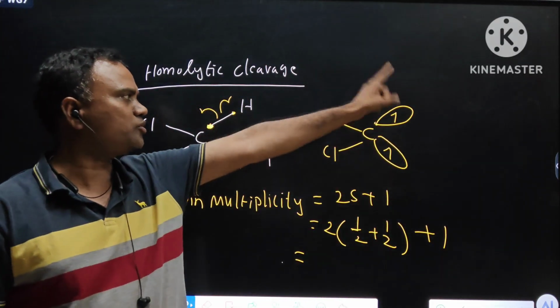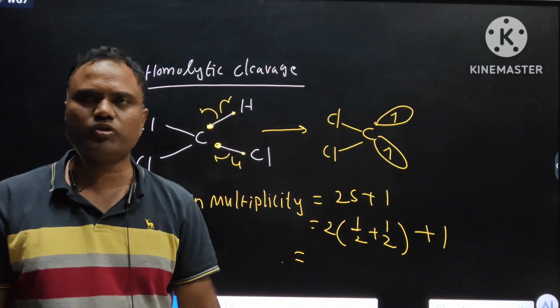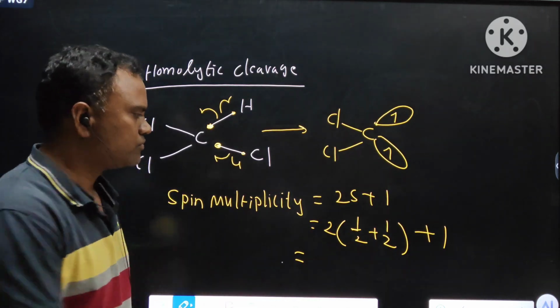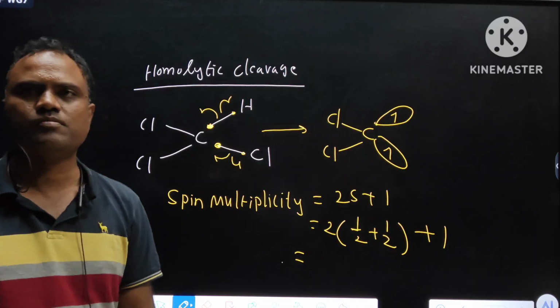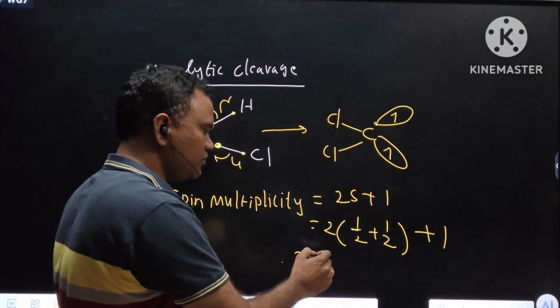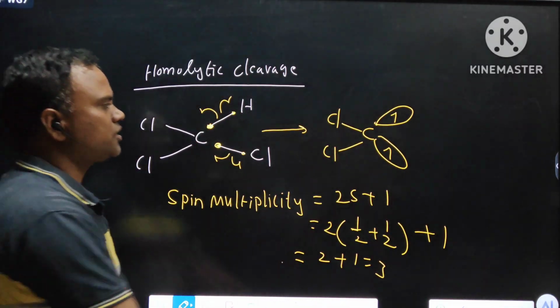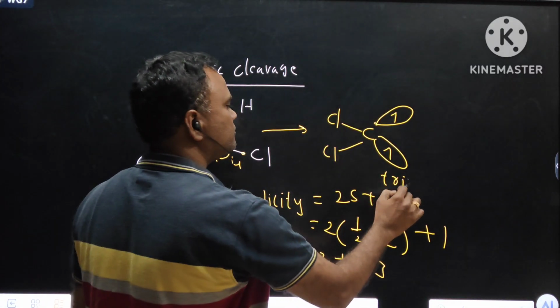Spin clockwise, both are clockwise on the right. 1/2 plus 1/2 is 1. 2 into 1 plus 1. This is triplet carbon.